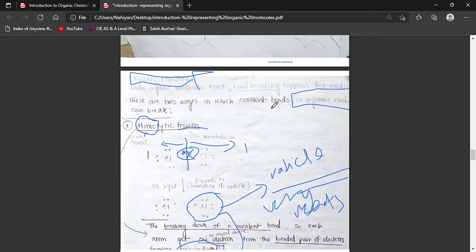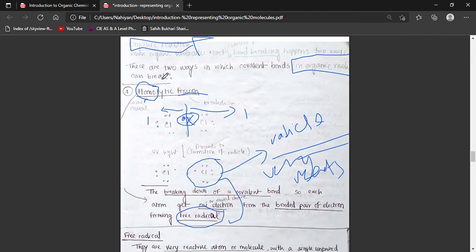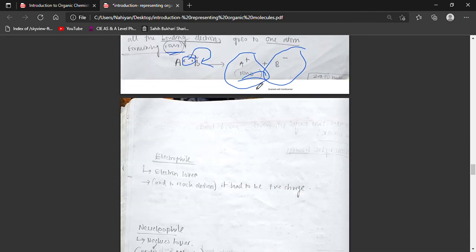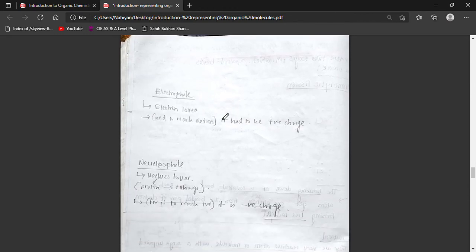These were the two ways through which organic molecules could break. Now let's have a look at two other ways we can group molecules.